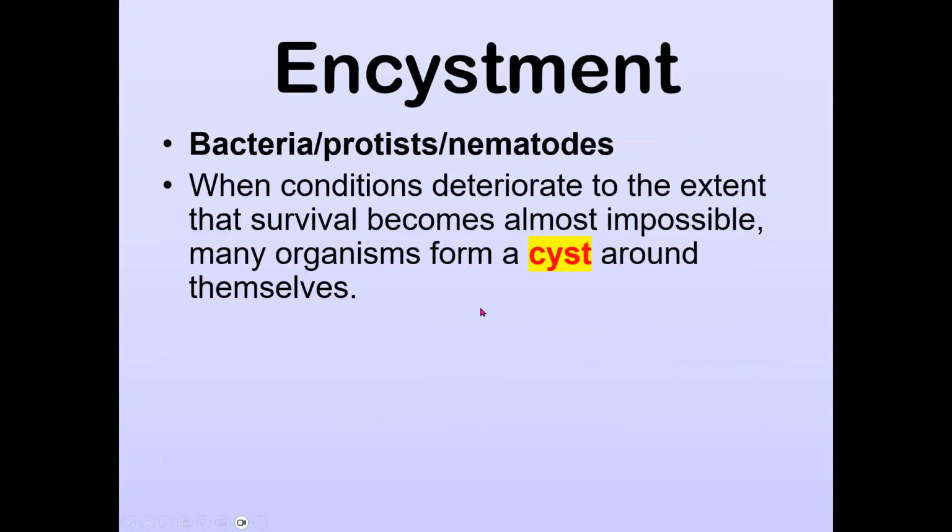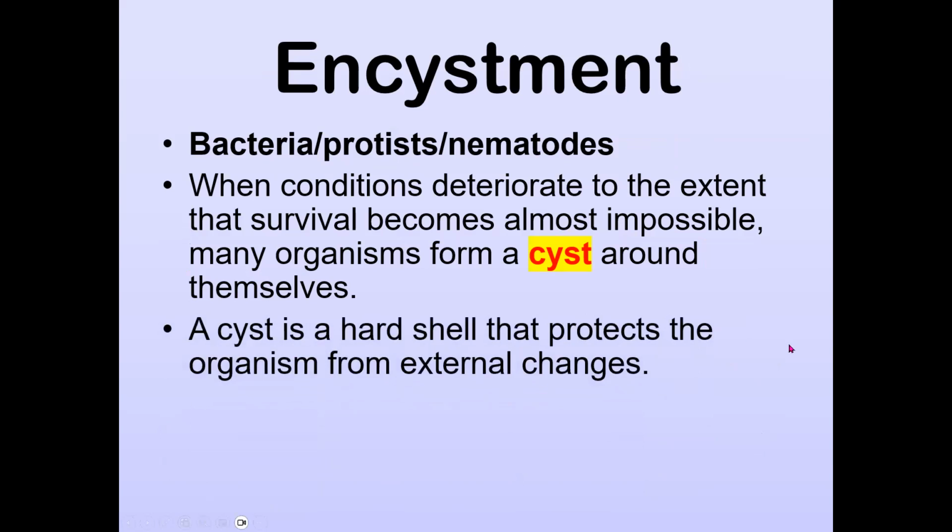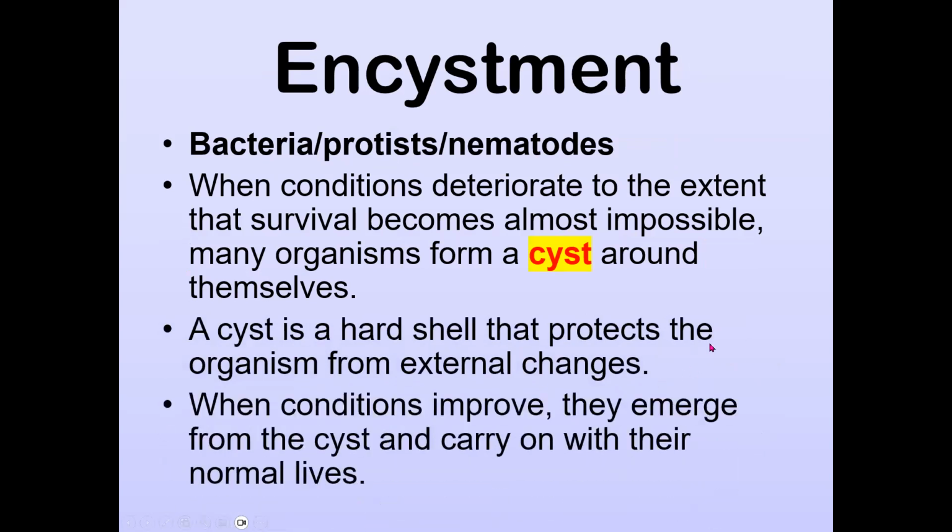There's a thing called encystment, where bacteria, protists, single-celled animals, nematodes, tiny little wormy things, they grow cysts, little coverings of themselves, which protects them. And it's a hard shell, and it protects against any change on the outside.